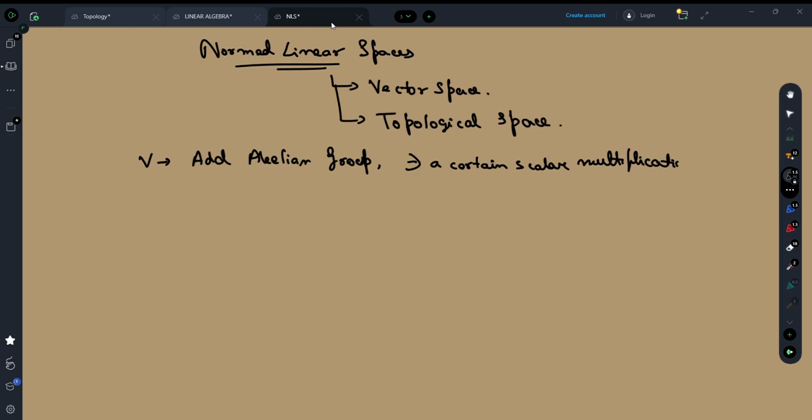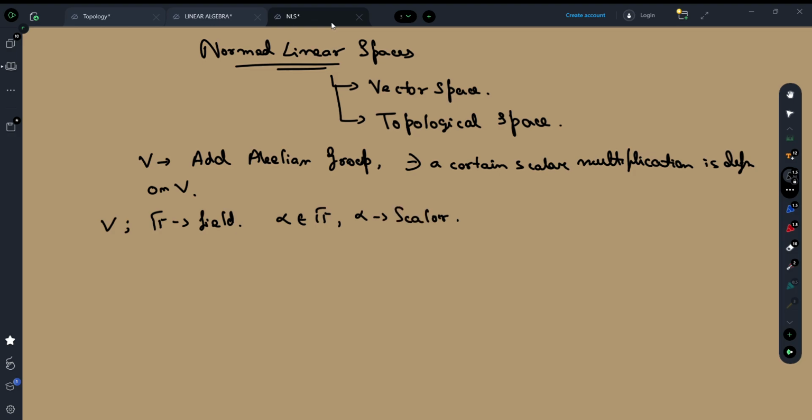How do we do that? We consider elements of V and we choose a field F. Our basic terminology is that if any element alpha is from F, then alpha is said to be a scalar.